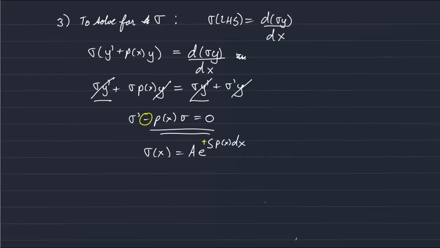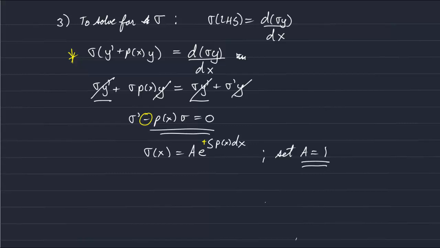And here, since any general function of sigma will work, we can make things simple by just setting a equal to 1. So we can make the amount of writing less by setting a equal to 1, and sigma will still have the appropriate property that we wanted. We'll still solve this equation.